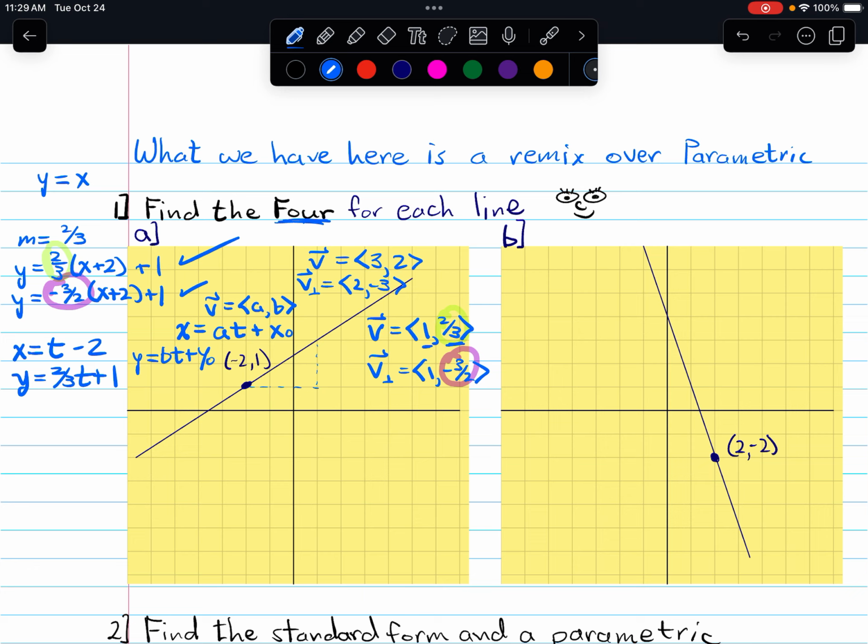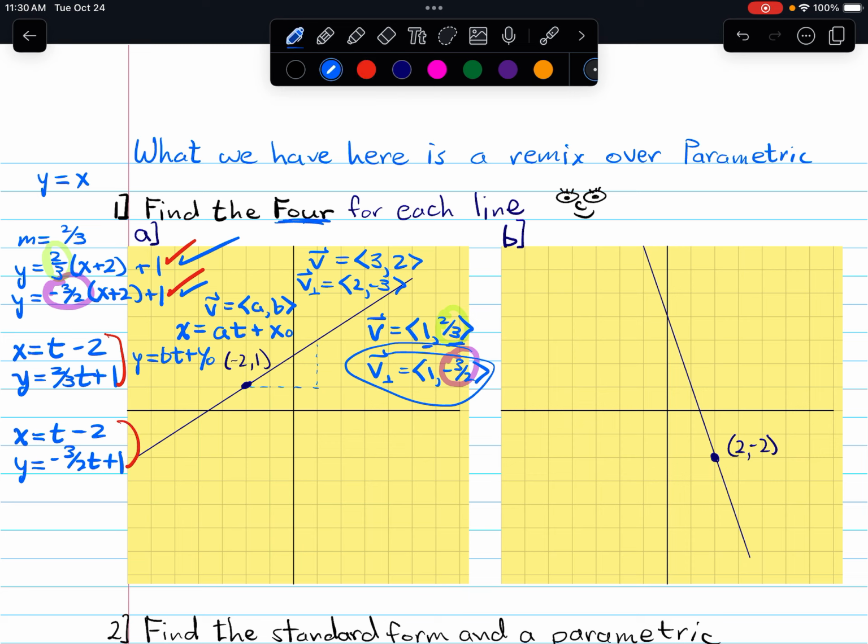Now for the perpendicular, we have x equals, now I'm using this vector, t minus 2, just like the previous, but y is equal to -3/2 t plus 1. Okay? So there it is. There's the 4. We've got this one 1, 2, this one 3, and this one 4. Those are the 4.